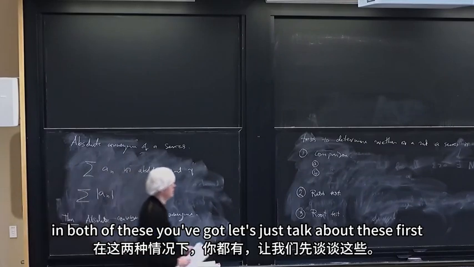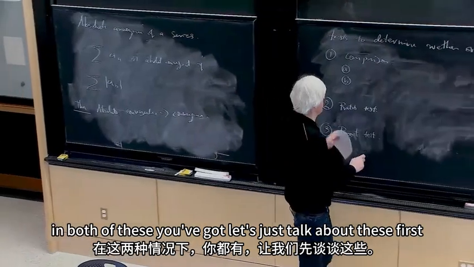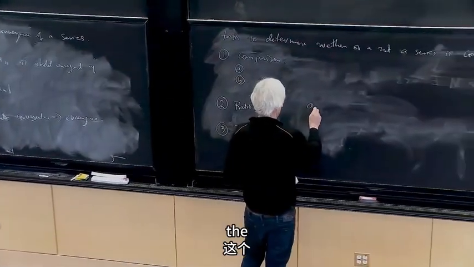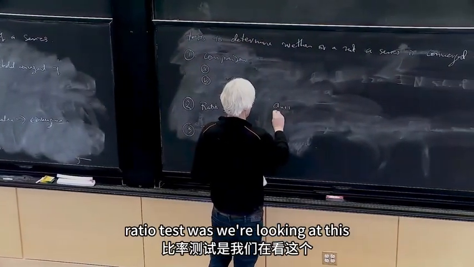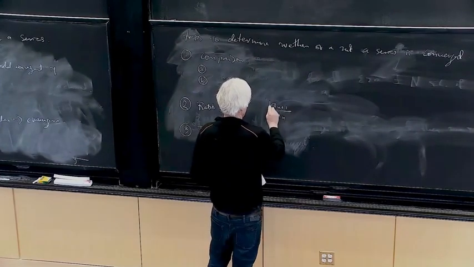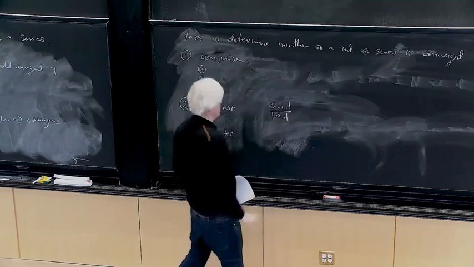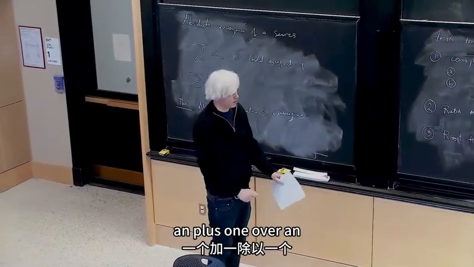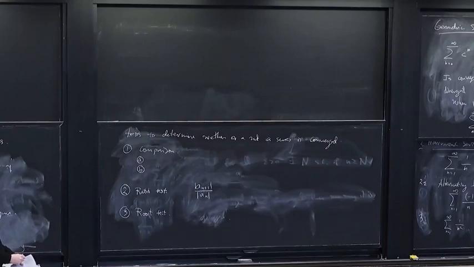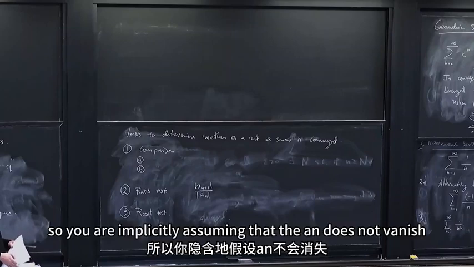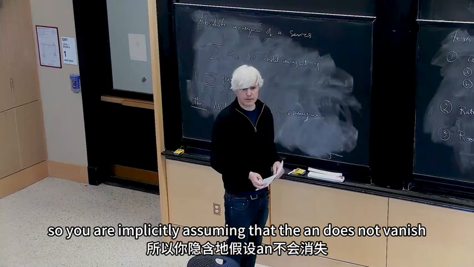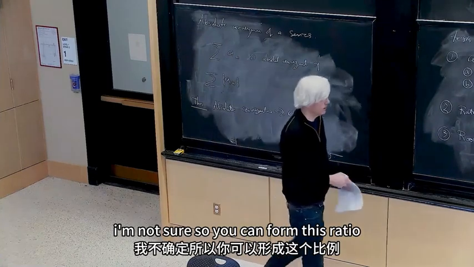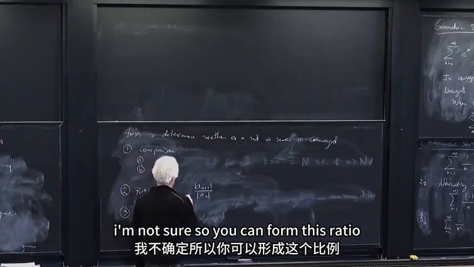In both of these, let's just talk about these first. The ratio test was when you're looking at the ratio an plus 1 over an. So you are implicitly assuming that the an does not vanish, is not 0. So you can form this ratio.